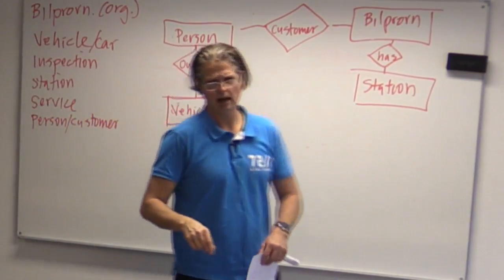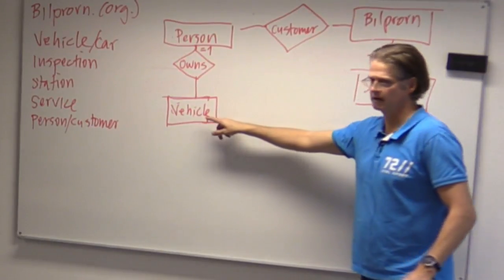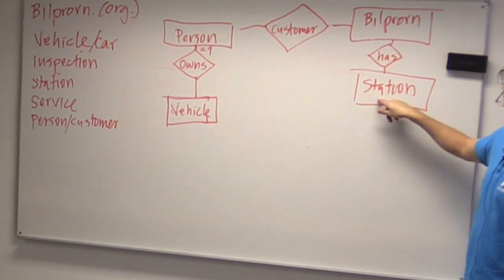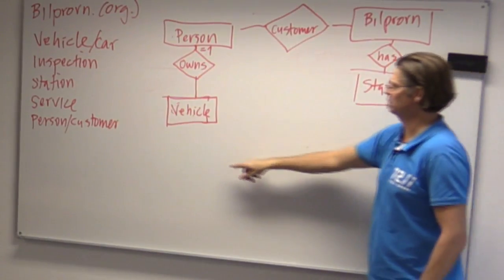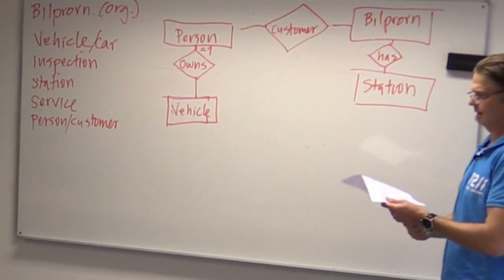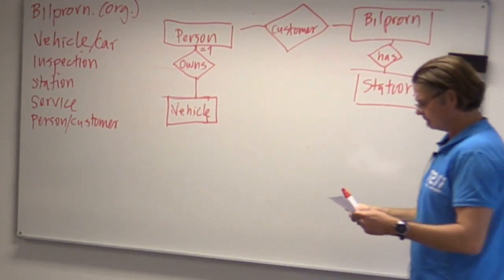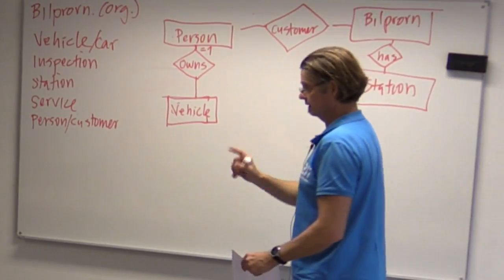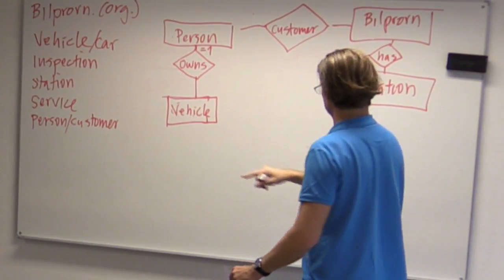So your car or vehicle has been booked somewhere at some station. So there should be a relationship between those two as well. And you ink guys, don't draw yet.